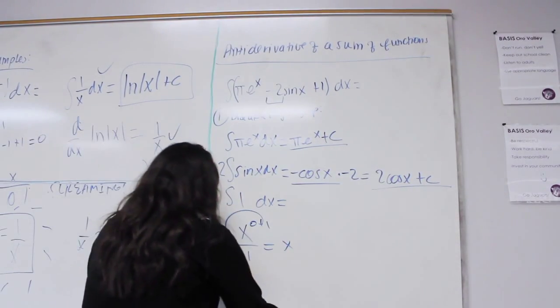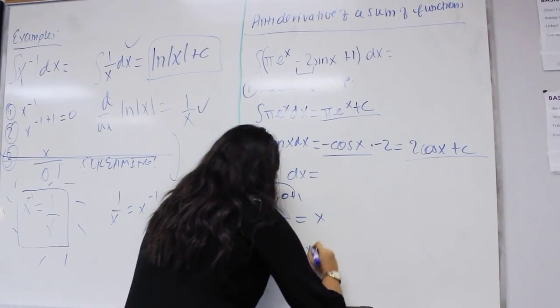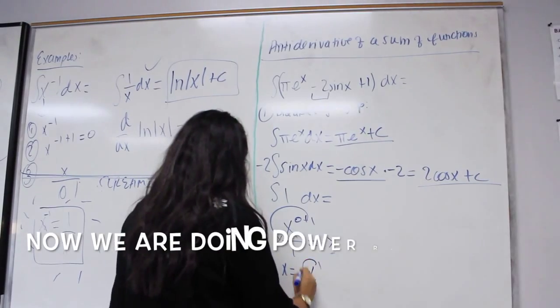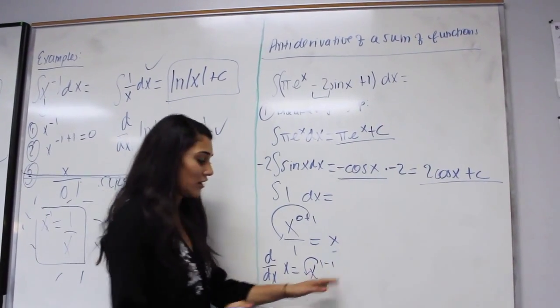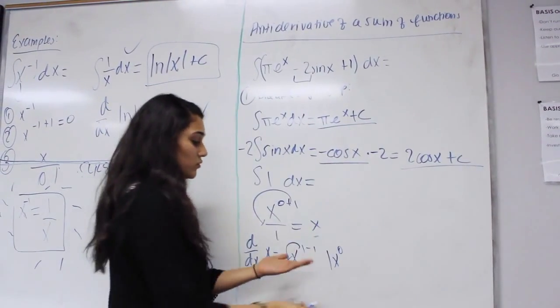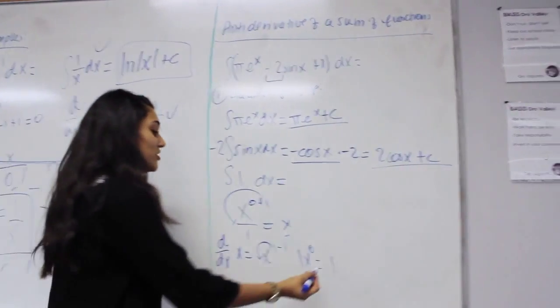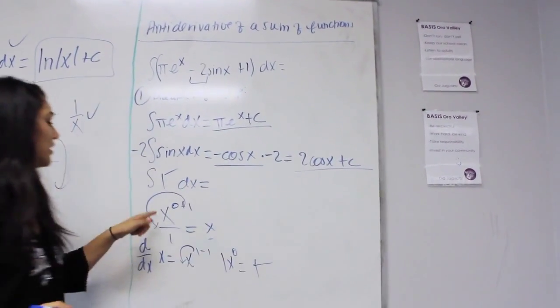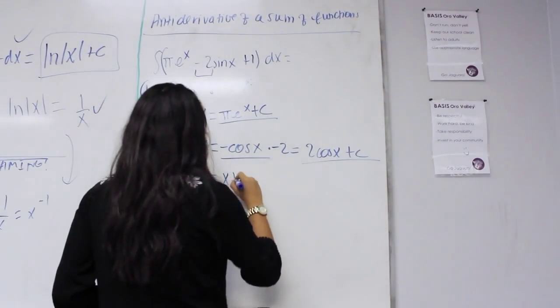Of course, we could check this. dx of x equals x to the 1. You bring the power down first, and then you're going to subtract 1 because we're doing power rule. So you have 1x to the 0. X to the 0 equals 1, which equals 1 times 1, which equals 1, which is what your problem was. And now you have what you started with. So you started with x plus c.